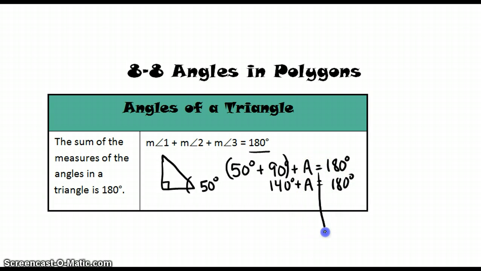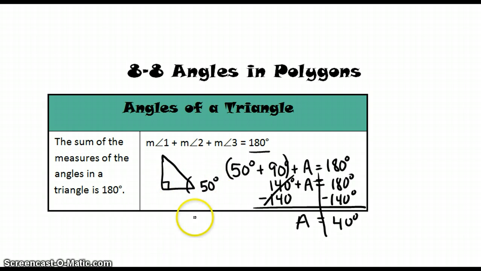And then we're going to solve for A. I need to get A by itself, so I'm going to get rid of the 140. What I do to one side, I must always do to the other side of my equals sign. So that crosses out, leaves me with A, and A equals 40 degrees.